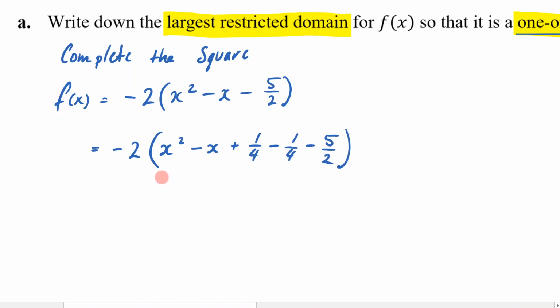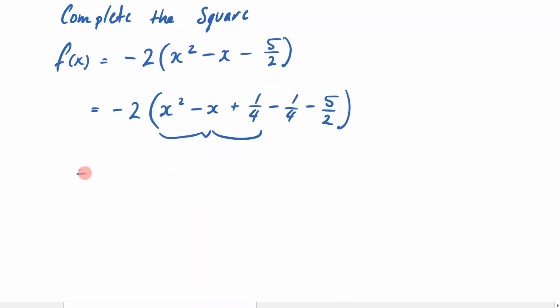Perfect. Then what I can do is look at just these first 3 terms, and I can say that is going to be, now we have to be careful with the brackets here, x minus a half squared. And then I've still got these 2 things at the end, minus 1 on 4, minus 5 on 2. Then close that up.